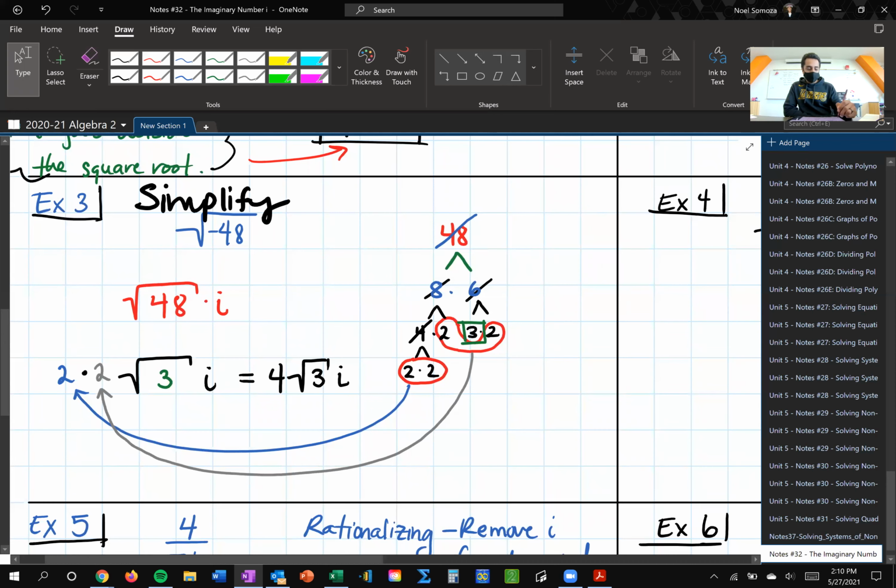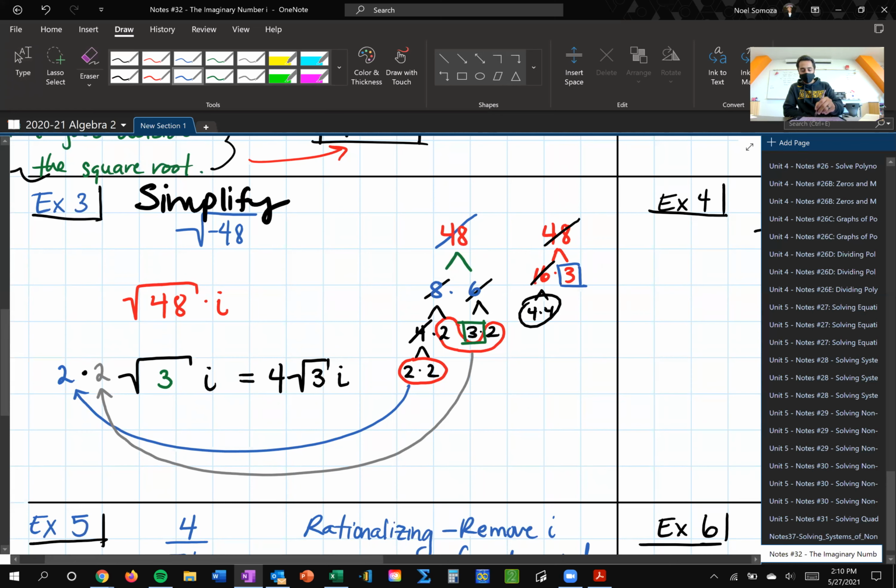Here's another way that will probably seem easier. If you would have taken 48 as 16 times 3, and then 16 is just 4 times 4, that's your pair right there. You see that? And then this is my box. So sometimes we don't see that though, right?